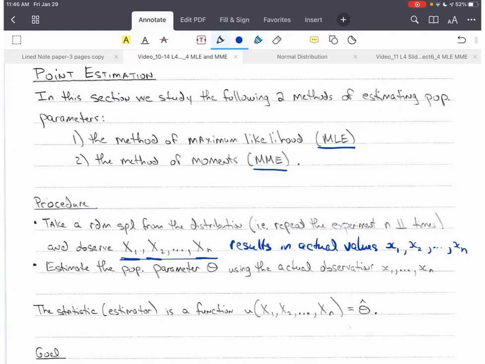Okay, and those repeats are independent of each other, like rolling a die. The outcome of the previous doesn't affect the outcome of the next, so they're independent. And what we're going to do is use the results from these random variables to estimate a population parameter, and to give it a generic parameter value, we're using theta.